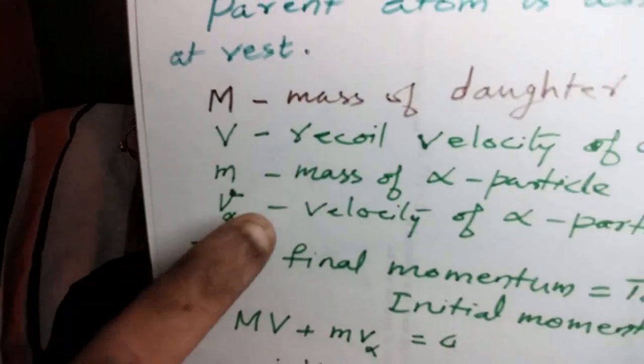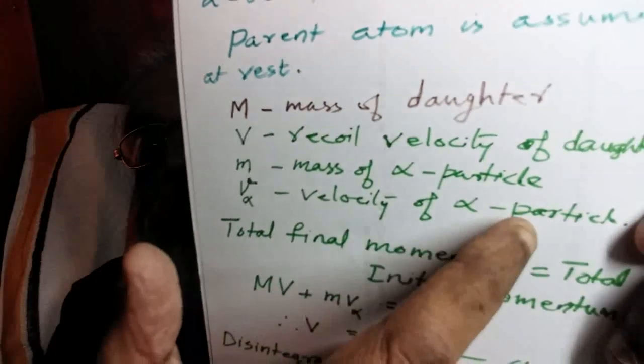V alpha be the velocity of the alpha particle. Then total disintegration energy of the process is the sum total of kinetic energy of alpha particle and kinetic energy of recoil of the daughter nucleus. That is the disintegration energy involved in the process.